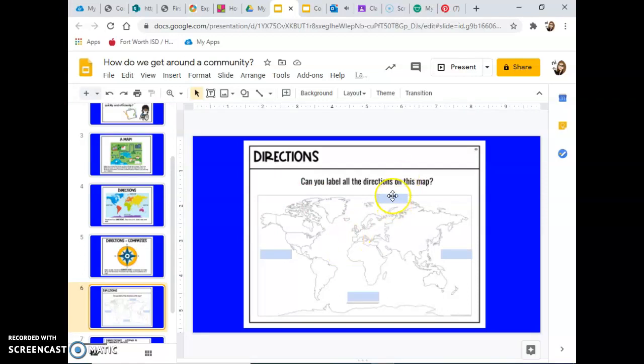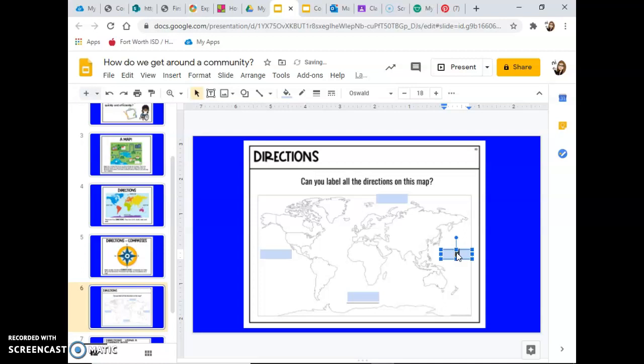Your job today, you have a map. And all I want to know is, can you label all the directions on this map? So what would this one be? Would it be north, south, east, or west? Never eat slimy worms. North, east, south, or west. You're going to write your answer. I'm not going to write it, but you can type your answer in the boxes.